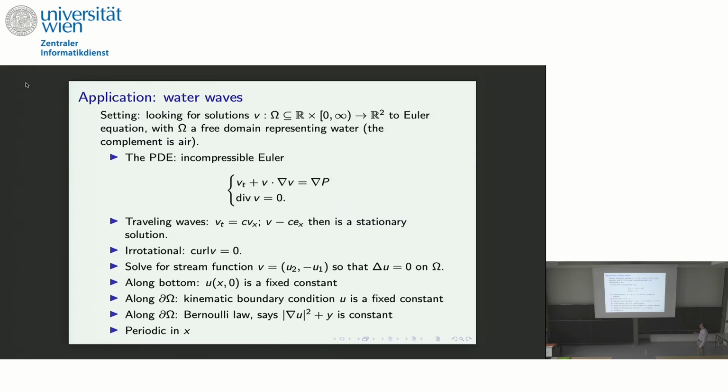And that means you can solve for a stream function. The stream function will be harmonic due to this condition. And you can compute what the stream function is doing on this free boundary here and on the fixed boundary here. So there are two boundary conditions in this water waves problem.